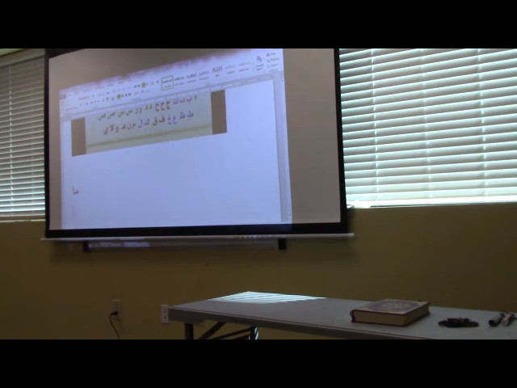For example, the word yu'minun. How would they write the word yu'minun? They would write it like this. And this is one of the languages of some tribes. They say yu'minun. This is one of the Quranic readings. Okay, so this is how the Arabs would use the Hamza.